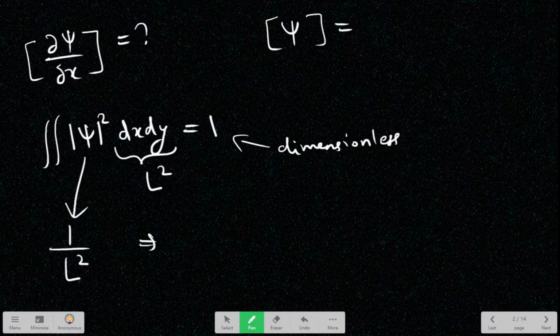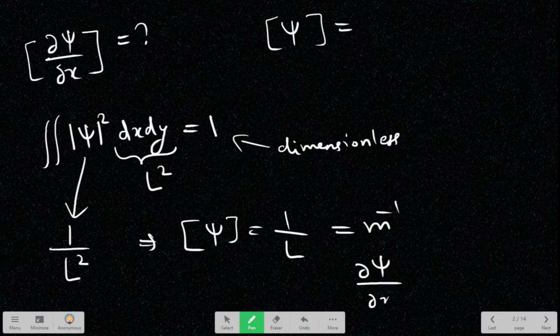This implies dimension of psi must be 1 by L, which in SI units is per meter. Now if you take the spatial derivative of psi, then 1 power will become less. Therefore dimension of del psi by del x will be meter raised to minus 2.